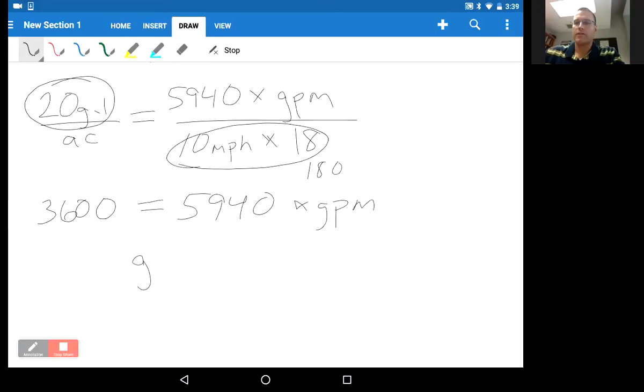So GPM equals 3,600 divided by 5940 equals what? Answer looks like 0.606 gallons per minute. So this one isn't so much of a units cancellation problem as it is just being able to solve for an unknown.